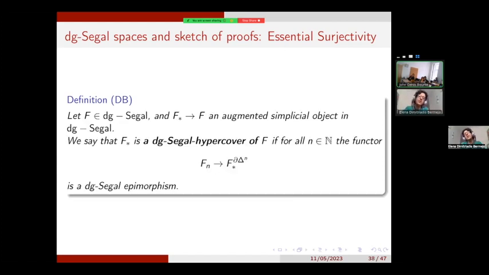And now, if we have F a DG simplicial space and an augmented simplicial object, then the augmented simplicial object is a DG simplicial hypercover of F if for all n naturals, this functor is a DG simplicial epimorphism.